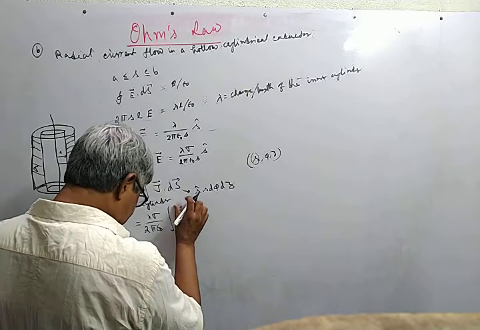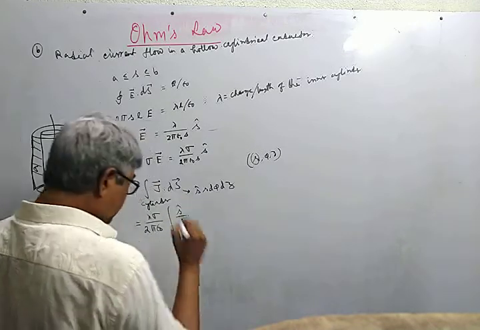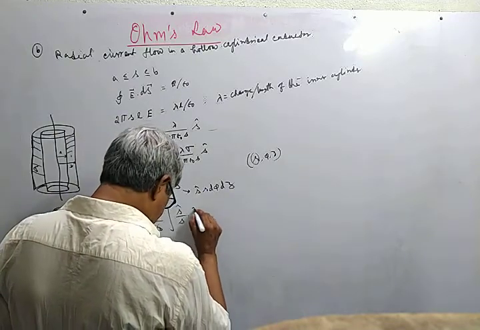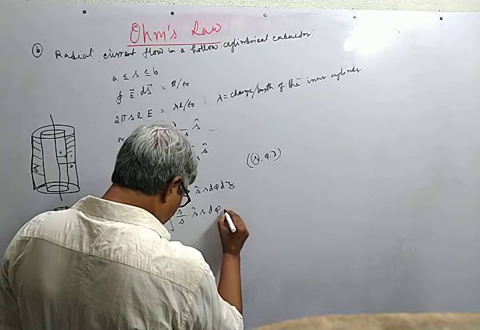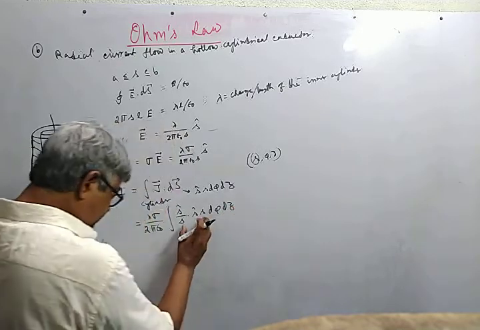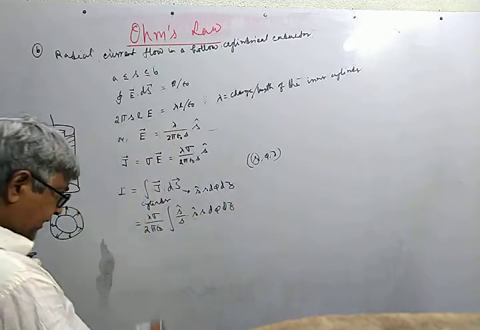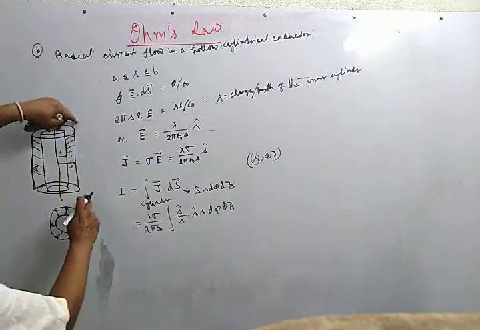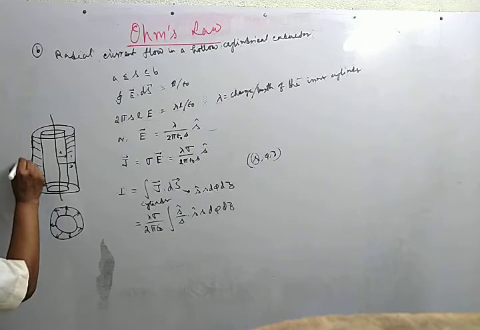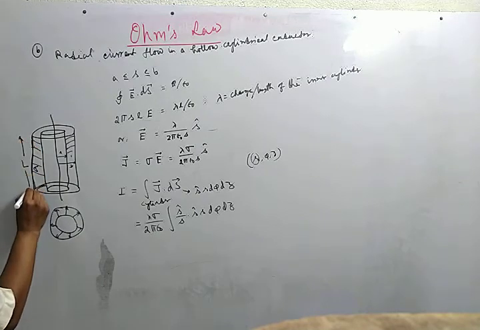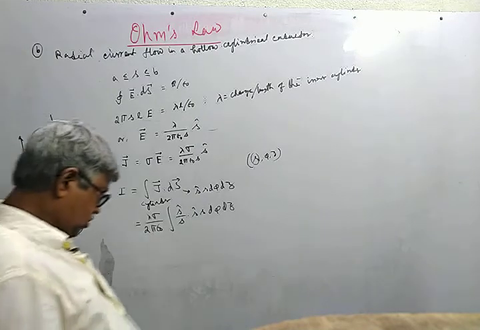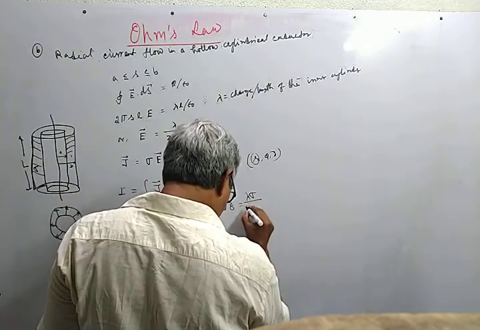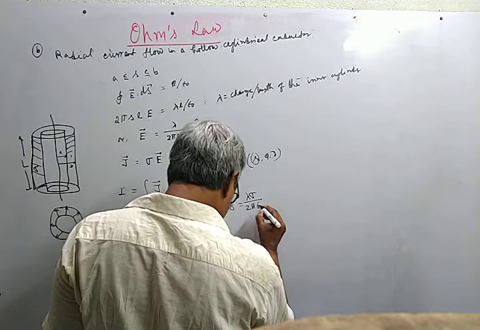the integration will have s cap by s dot s cap s d phi dz. So this part contributes nothing, phi integration contributes 2 pi, and z integration gives the length L. So this is equal to sigma lambda upon 2 pi epsilon 0.